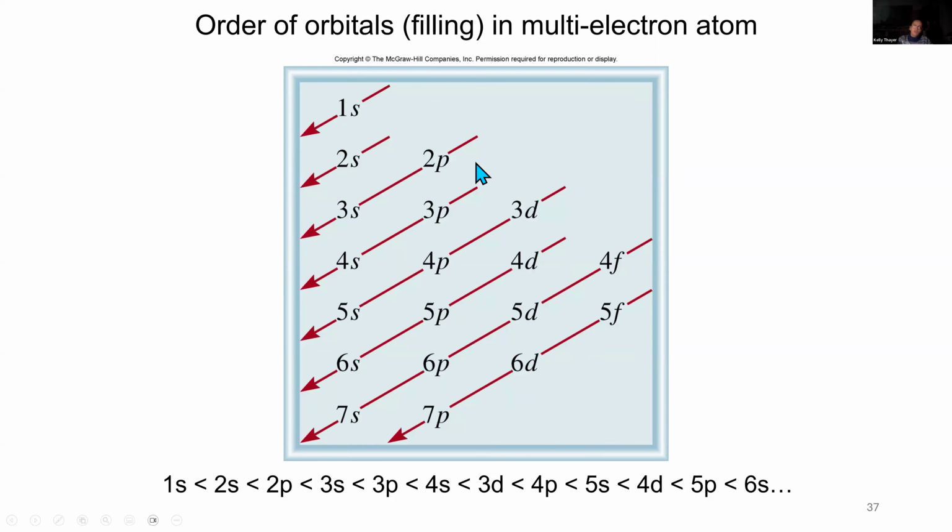So we have 1s, 2s, 2p, 3s, p, d. So you just line those up. 4 has s, p, d, and f. 5 has s, p, d, and f. 6, in principle, could have those, but we don't actually have atoms that go out that far. So you just have s, p, d, and then 7 is s and p. So this is how you write this out.